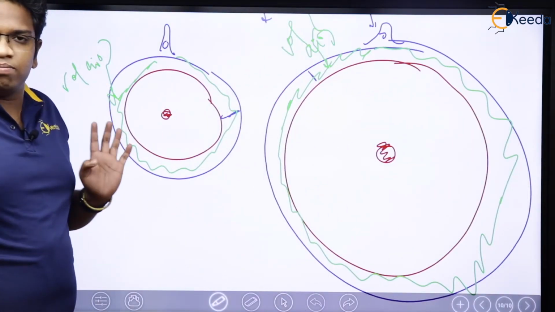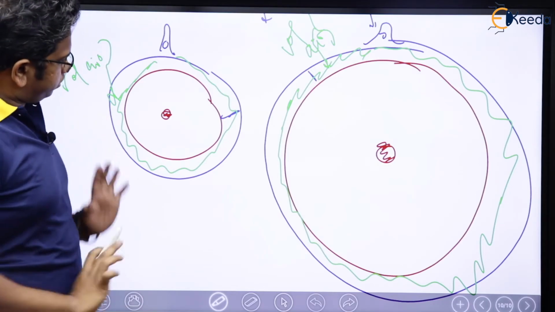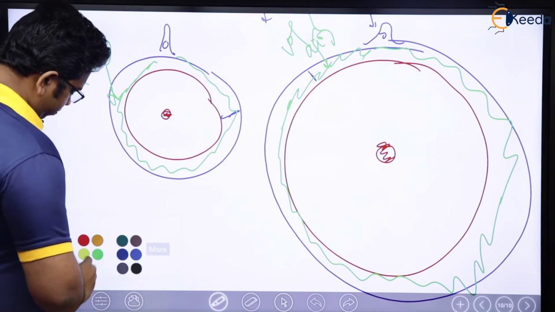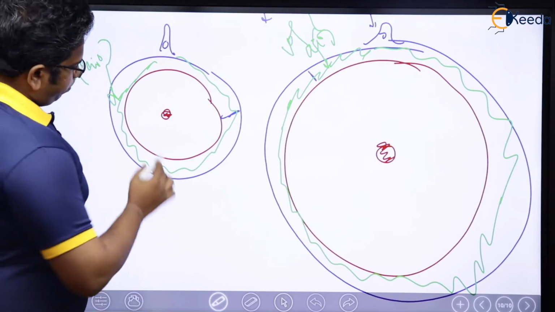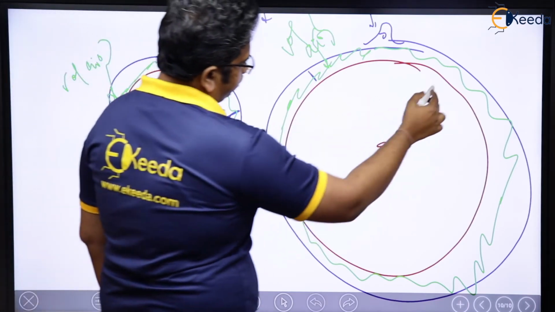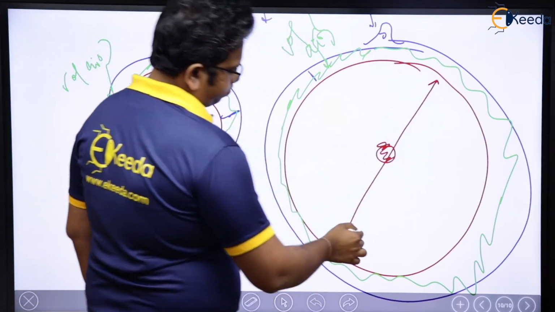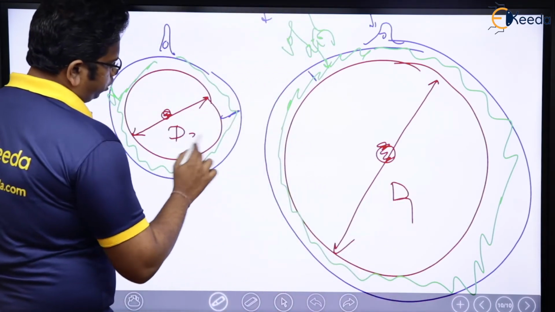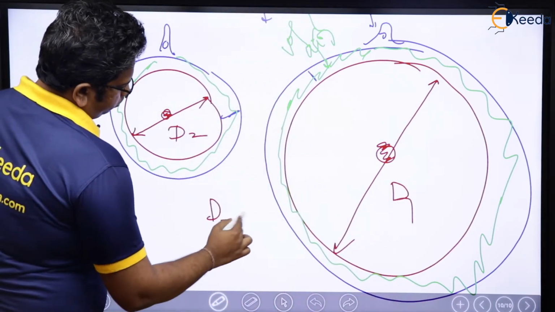The air gap is the same. I am not changing the air gap at all. What I have changed is only the diameter. The diameter of the rotor has been reduced from here to here. This was the initial diameter, let us say D1, and then it has become D2, such that D2 is less than D1.